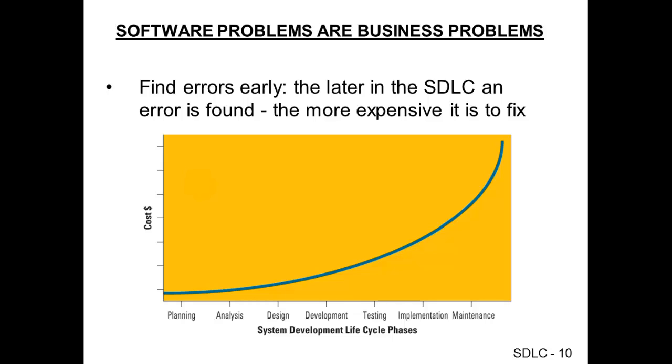As I mentioned earlier, when you move along the system development life cycle, you do want to review what has been done. Don't wait until the testing or implementation phase to check and double check the design or even the requirements.